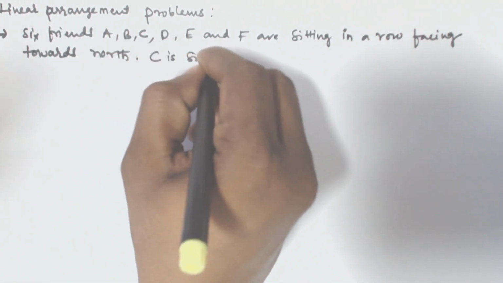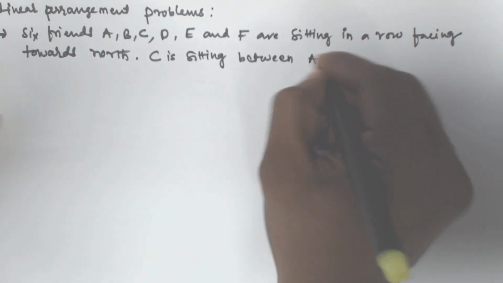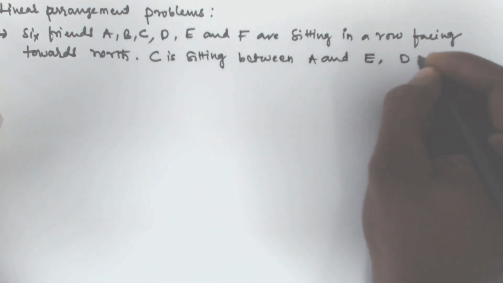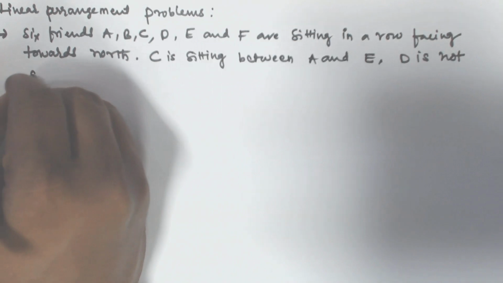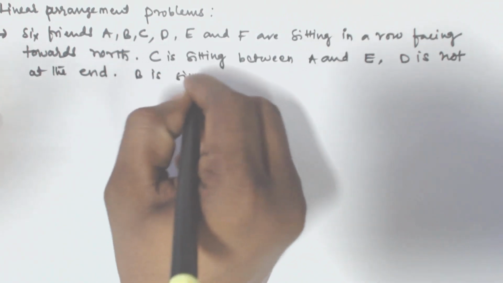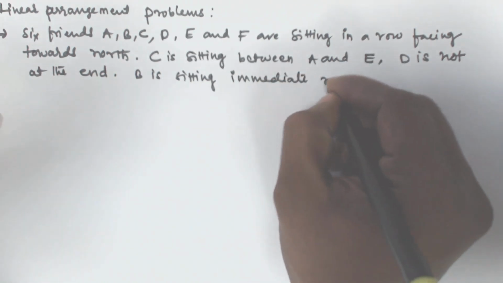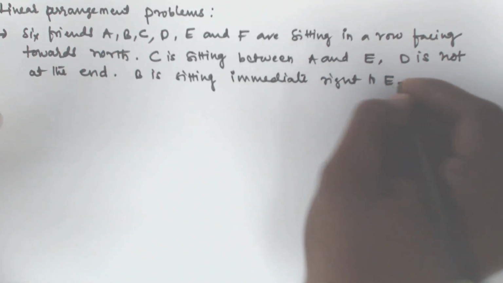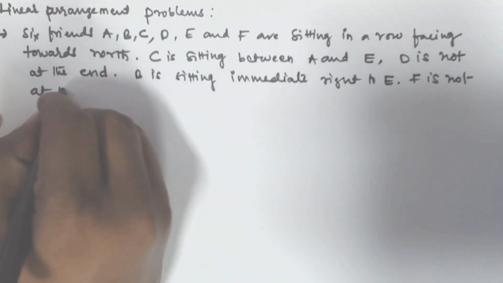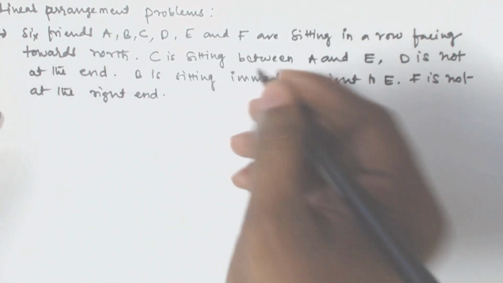C is sitting between A and E. D is not at the end, and B is sitting immediate right to E. F is not at the right end. So this is the information given.